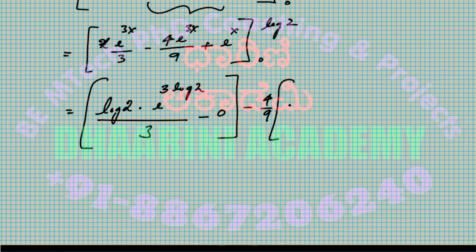So this is e to the power 3 times log 2 minus, put 0 over there, e to the 0, which is 1, right? And we have the third term, that is simply plus e to the x, so that is log 2 minus e to the 0, which is 1.